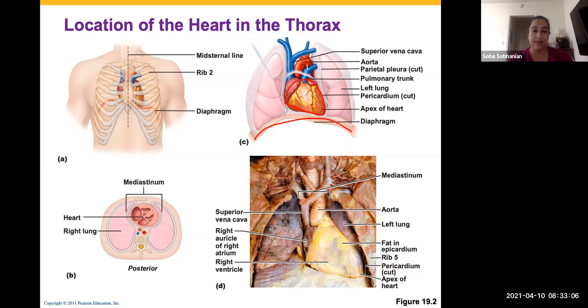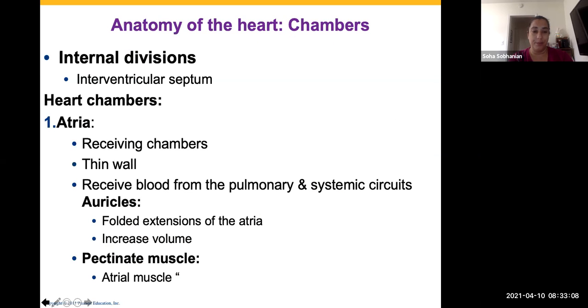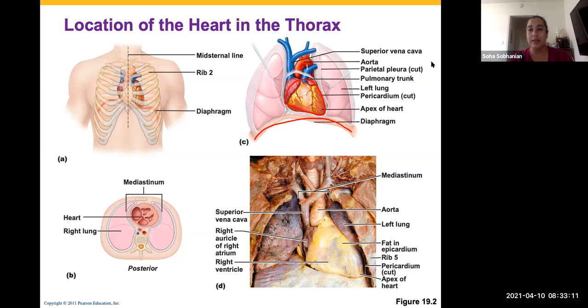So let me see if I actually have that vocabulary listed for you. The pointy part of the heart is your heart apex. The top of the heart, where all the blood vessels either enter or exit the heart, is your base.